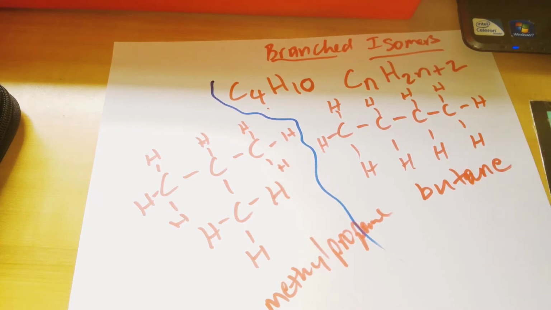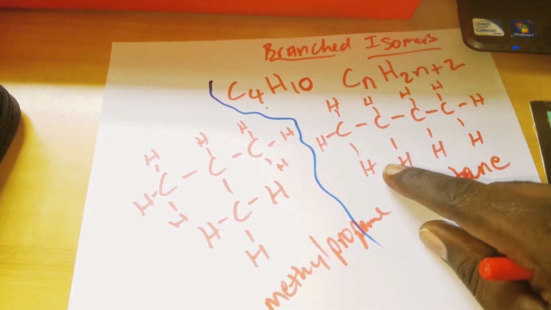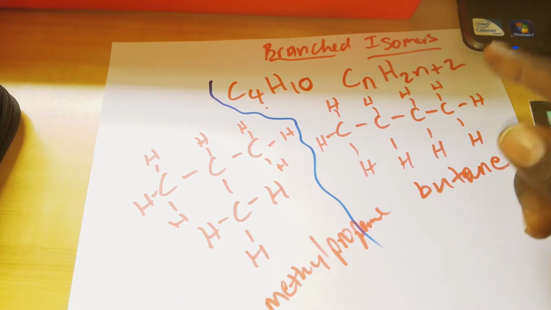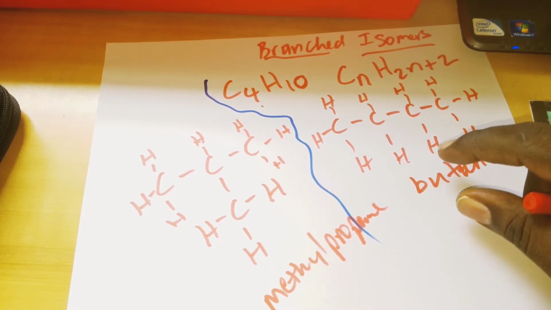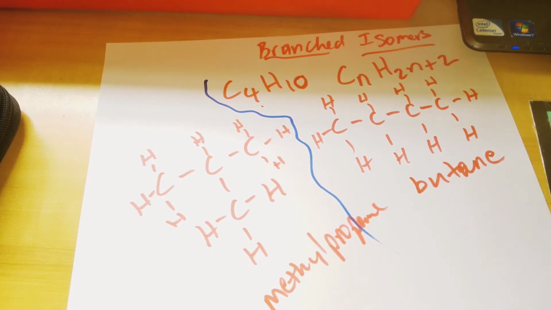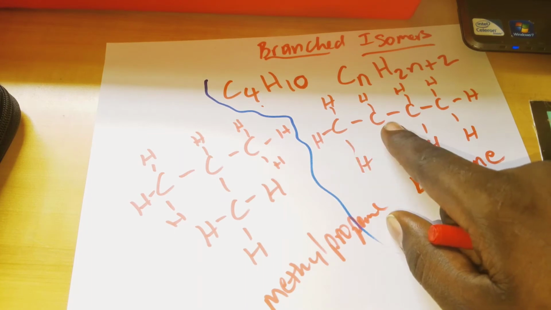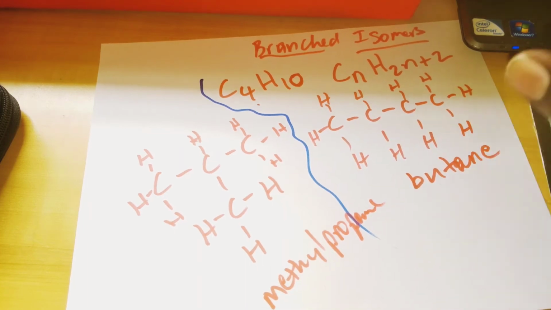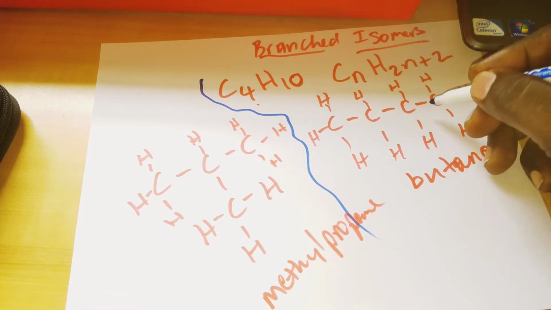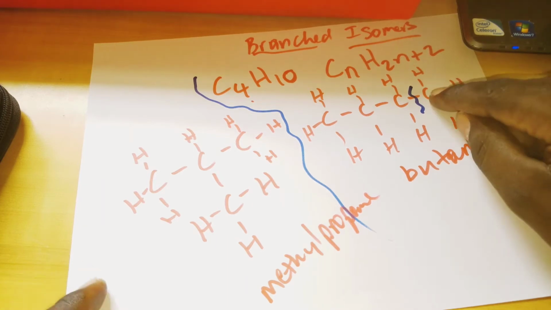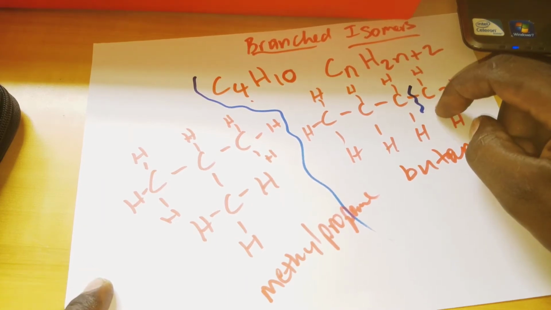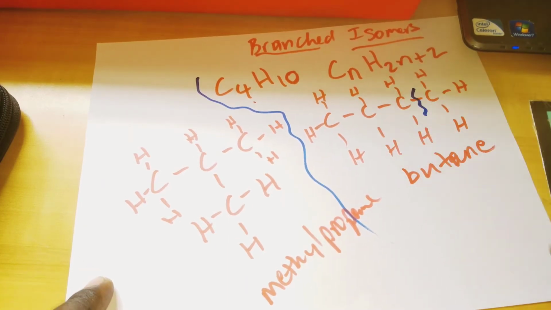So here's what you can do. If you're given an alkane to draw isomeric forms for, and you need to draw it in branches, you have to draw branched forms of the species. So here you have 1, 2, 3, 4 carbons. What I did really was I snipped one of the carbons off the chain, took this CH3 over here and put it in the middle of the chain.